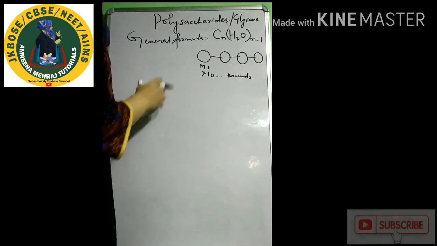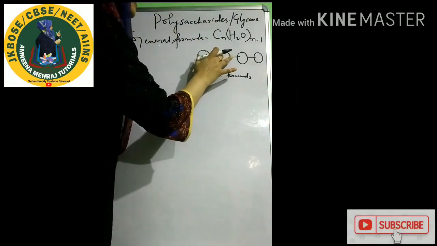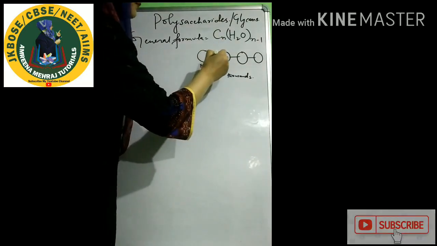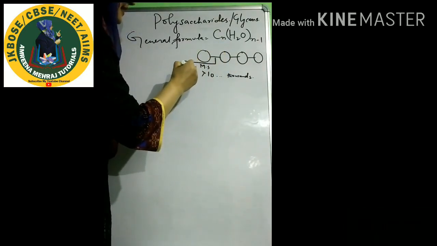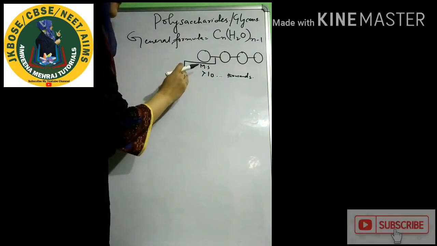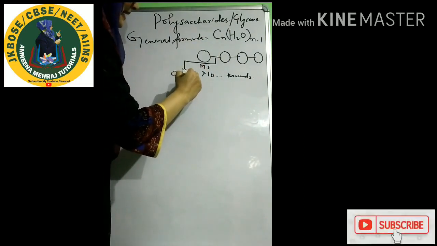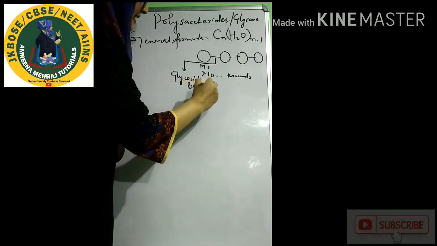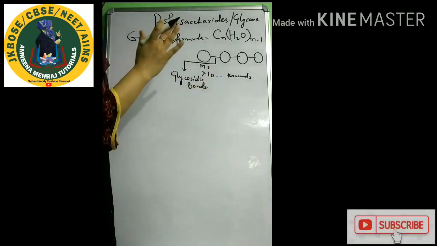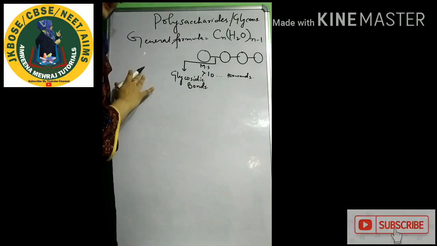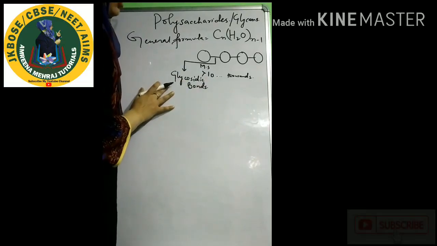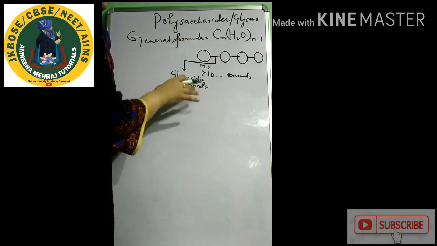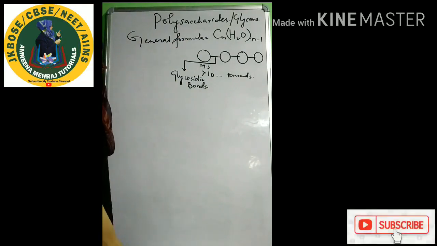Now this information is clear to you, that the bond which connects the two sugars is the glycosidic bond. These things we have cleared already because you are aware about disaccharides and oligosaccharides. In those cases, we have discussed this bond formation, so we are not going to go back to the bond formation. We know these basic things.